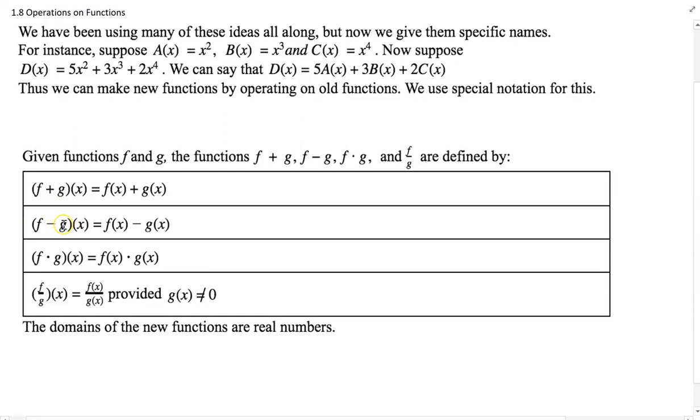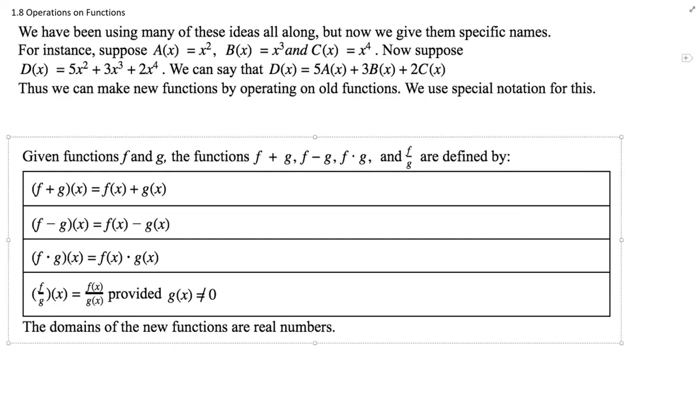F minus g of x equals f of x minus g of x. F times g of x equals f of x times g of x, and f over g of x equals f of x over g of x, provided g of x is not equal to 0. The domains of the new functions are real numbers.